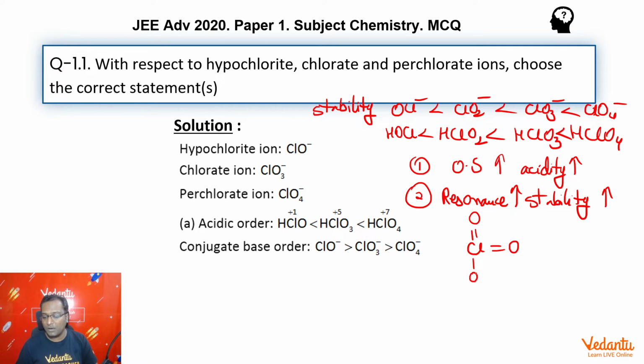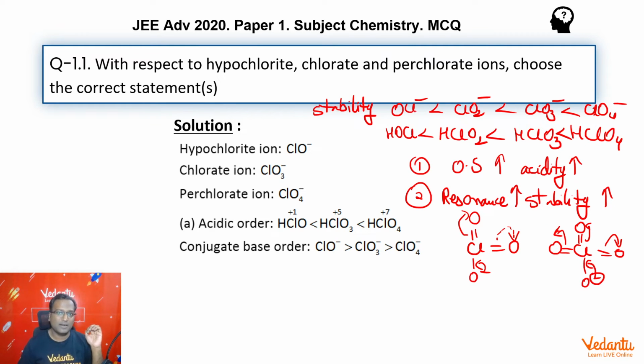Let's compare chlorate and perchlorate. So, as you can see in this, O minus can resonate with two double bond O's, whereas here O minus can resonate with three double bond O's. So, more resonance, more stability, therefore more the acidity of the conjugate acid.